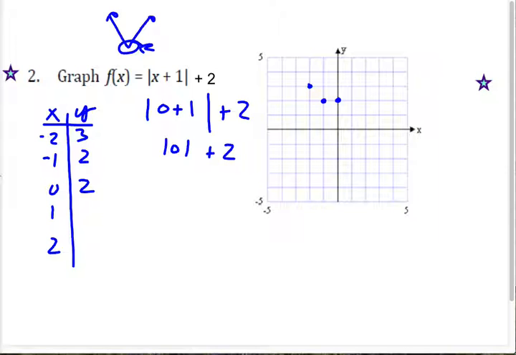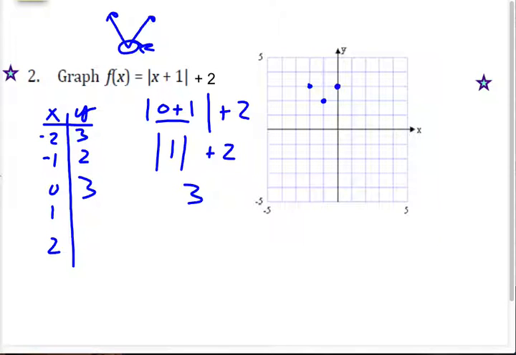When I plug in negative 2, I get 3. When I plug in negative 1, I get 2. Oh, I know what I did. 0 plus 1 is 1. The absolute value of 1 is 1. 1 plus 2 is 3. So this is actually 3 right here. Sorry about that. Even I make mistakes.